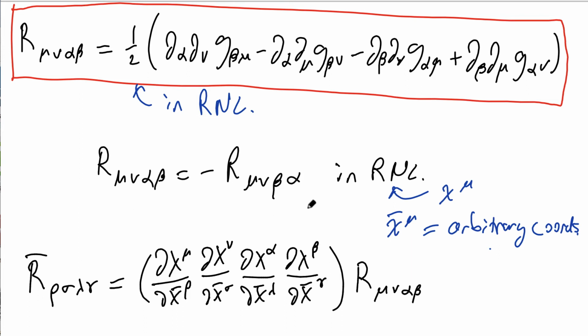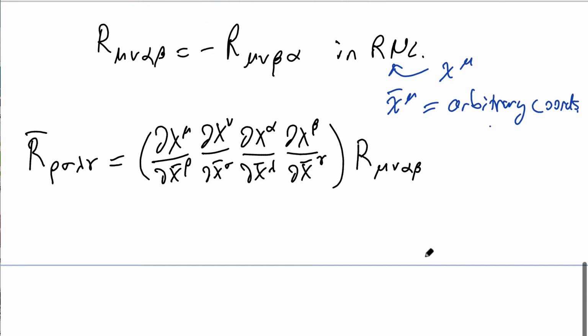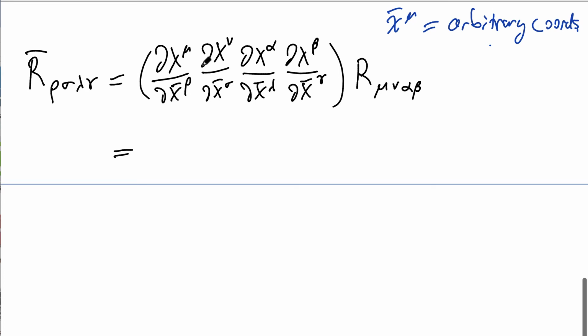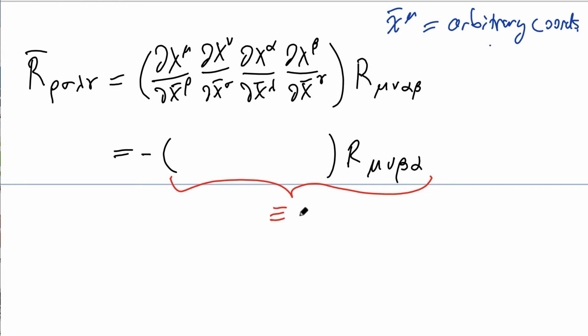And now, because we know that in the unbarred coordinates, the Riemann normal coordinates, the components of the Riemann tensor satisfy this relation, we can write this as equal to the same factor times minus R mu nu beta alpha. But this combination is precisely R bar rho sigma gamma lambda. And then with the minus sign, what we find is that R bar rho sigma lambda gamma is equal to minus R bar rho sigma gamma lambda.